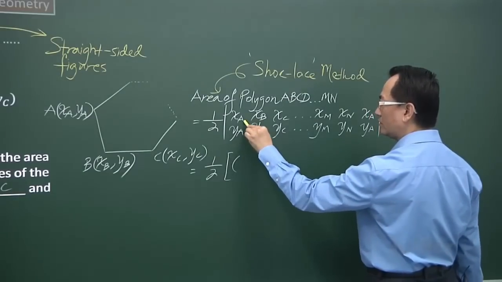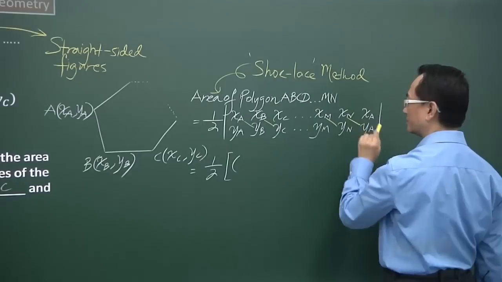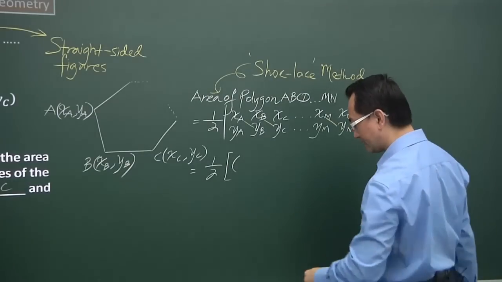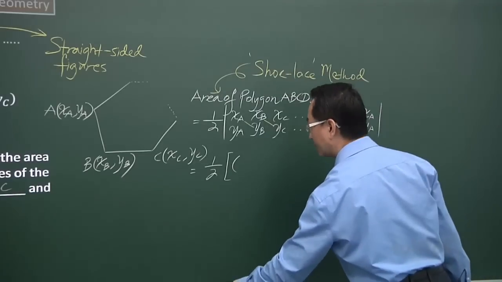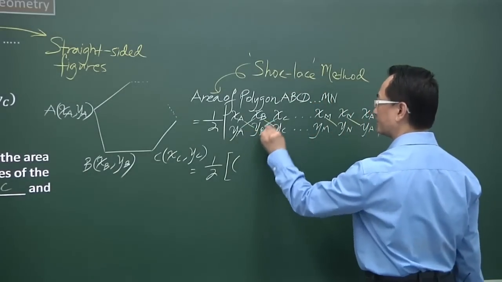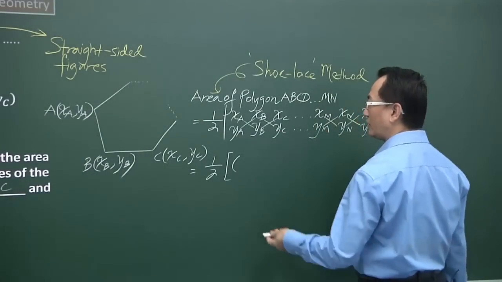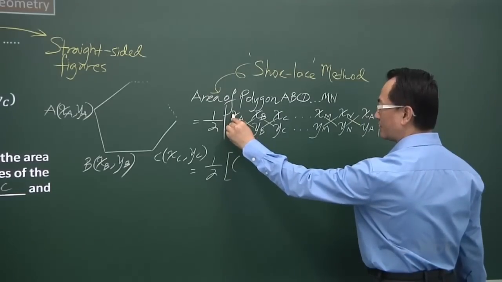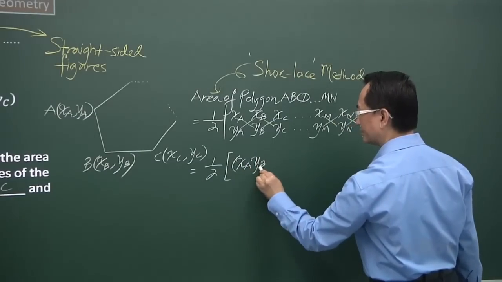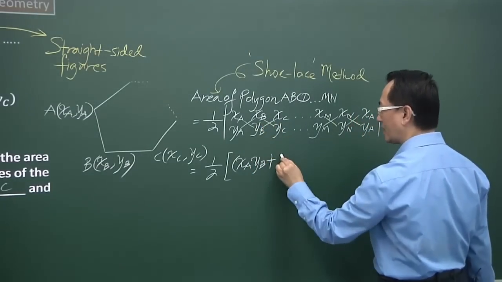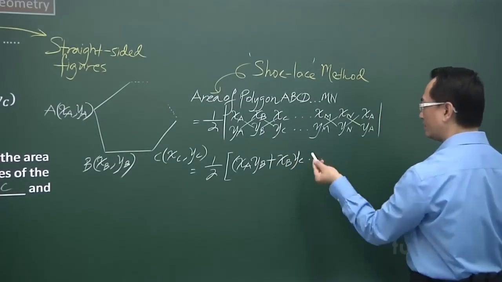The reason is simple. It goes this way. It's like tying your shoelaces. And then this way. So we do it this way first: XA times YB plus XB times YC and more.